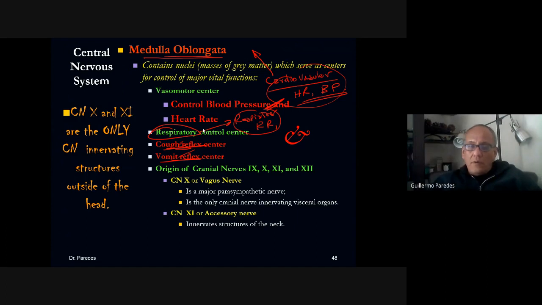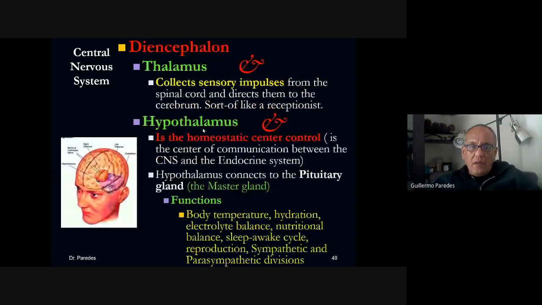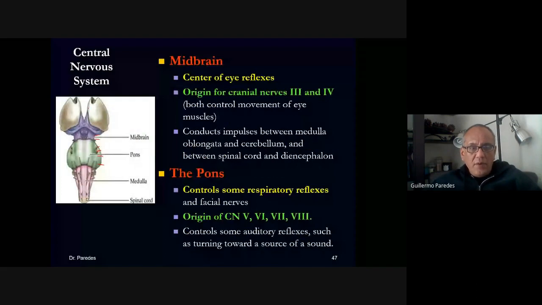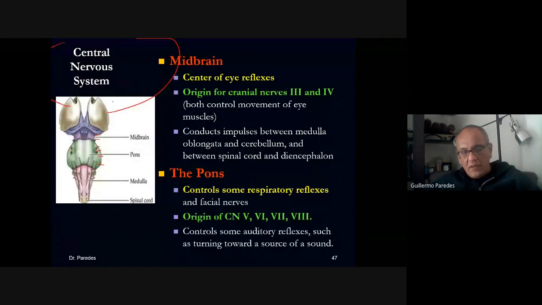All right, now one important thing about the medulla oblongata: this is the brain stem, and above that we have the cerebrum, correct? Above this is the cerebrum.